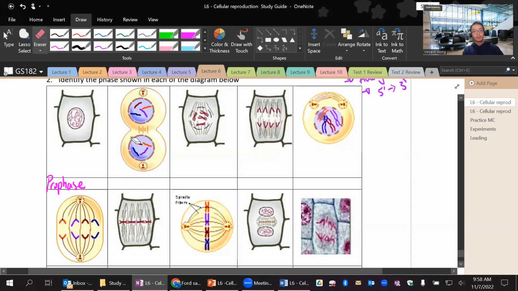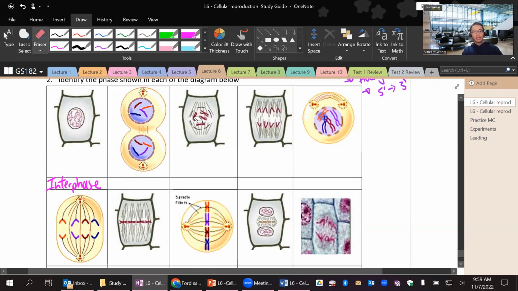All right, next one. Oh, sorry. This is interphase. My bad. Interphase, because we can't see the chromosomes yet, right? It hasn't entered the actual mitosis yet. Okay, let's do all the plant ones first.